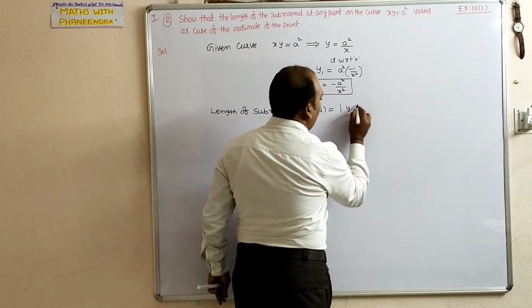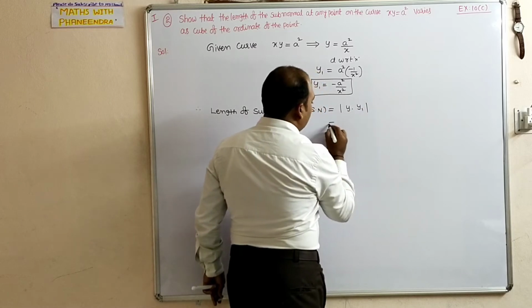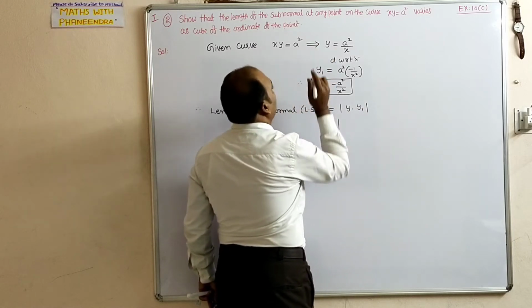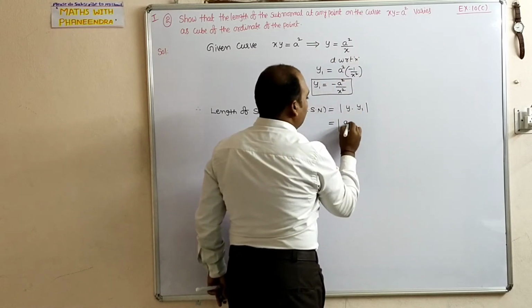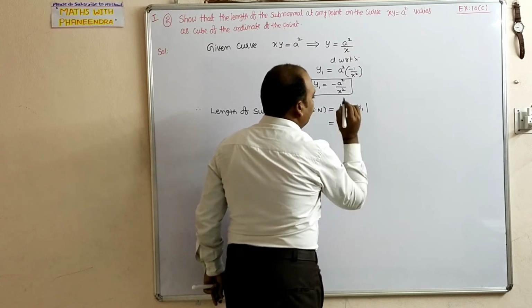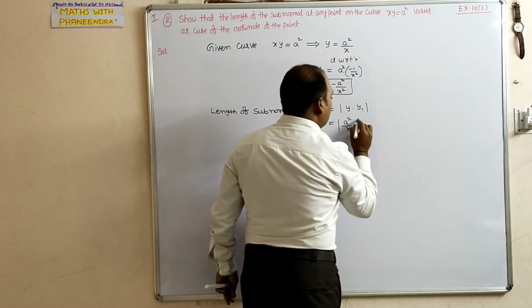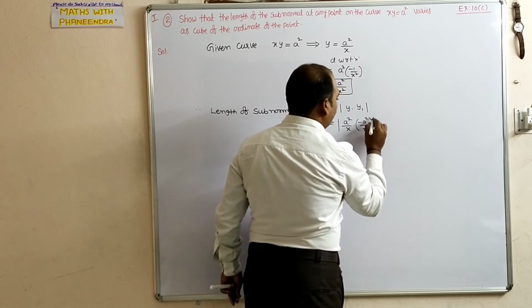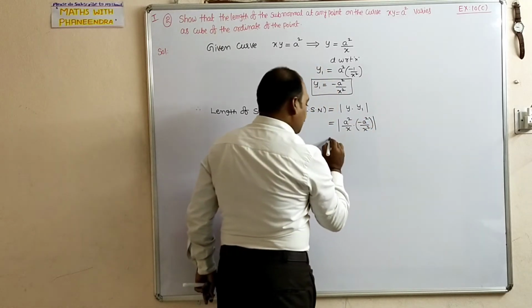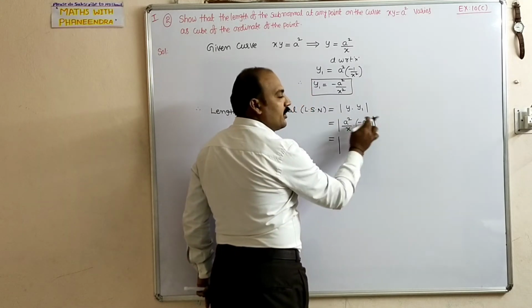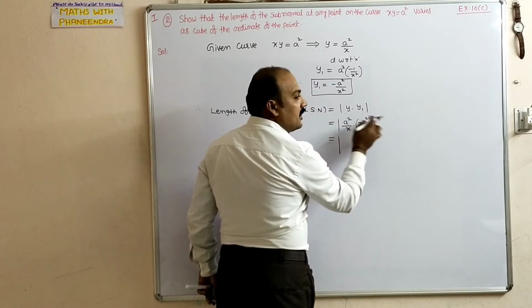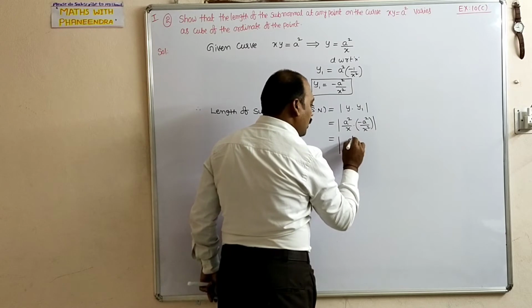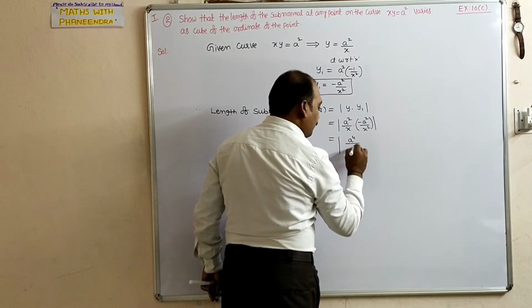Y into y1, which is equal to mod of the y value, which is a square by x, into y1, which is minus a square by x square, which is equal to mod a square into a square, a power 4; within modulus it will become plus a power 4 divided by x cube.